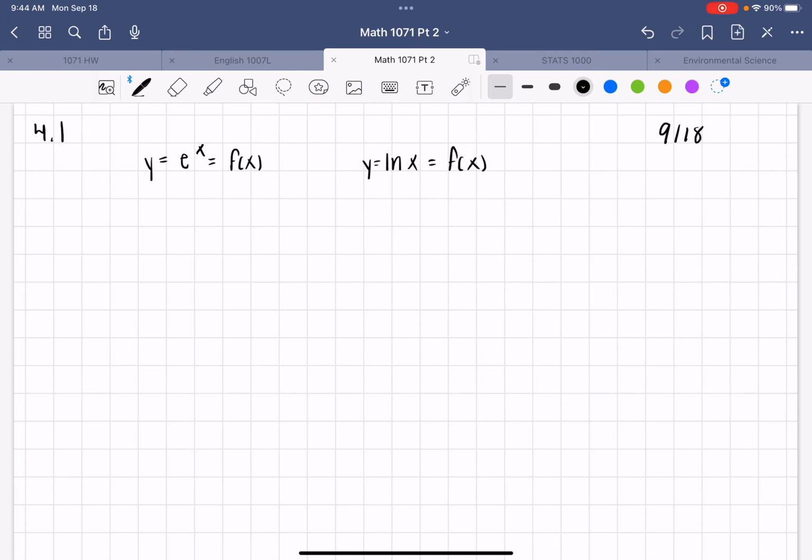But e to the x has a particularly nice derivative. And in fact, this is where the number e actually comes from. E to the x is its own derivative, and e is the only number that will do that. We talked about 10 to the x, talked about 2 to the x. We could talk about an exponential function to any base, but only e will do that.